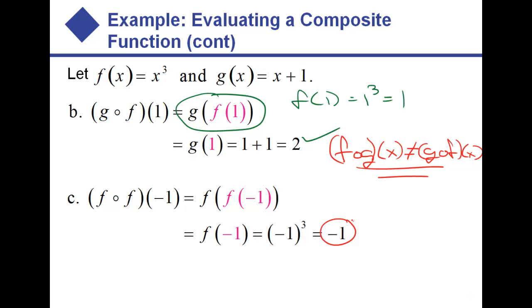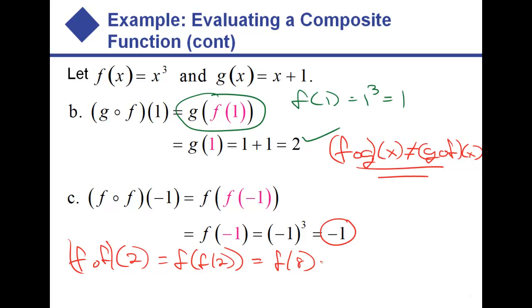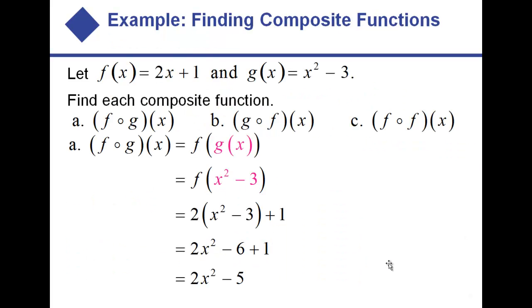If we did something different, like f of 2, then f of 2 is 8, so this is really f of 8. And then the answer would be 8 cubed, which is really super big, a lot bigger than 2. So you don't end up getting the same answer that you do with f of -1.